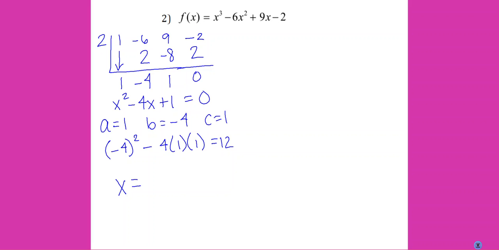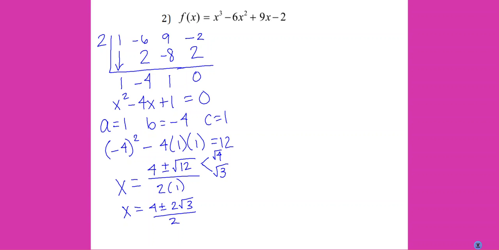So I know x equals -b plus or minus square root of our discriminant over 2 times a. Let's simplify my radical. So I get x equals 4 plus or minus 2 square roots of 3 over 2.